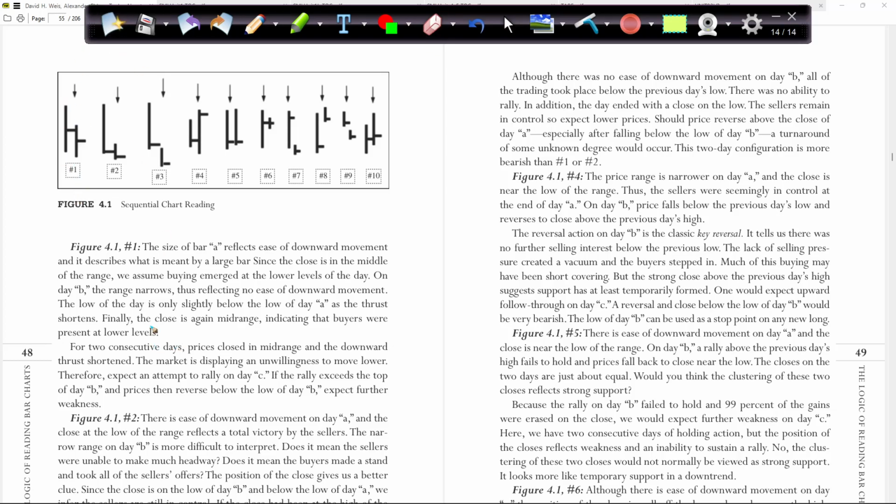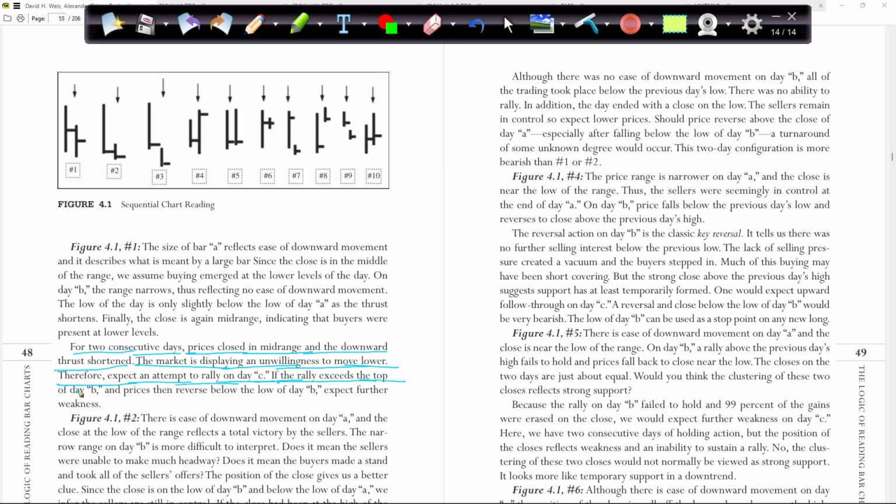For two consecutive days prices closed in mid-range and the downward thrust shortened. The market is displaying an unwillingness to move lower, therefore expect an attempt to rally on day C.